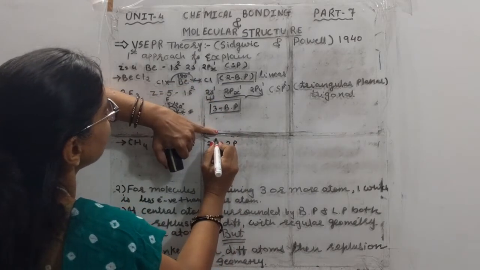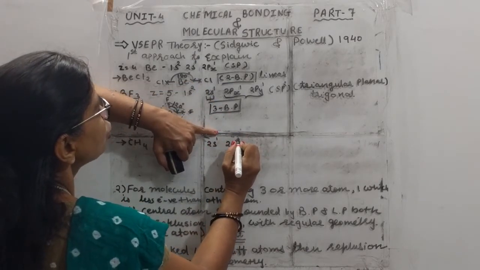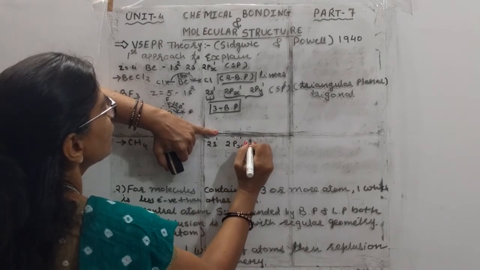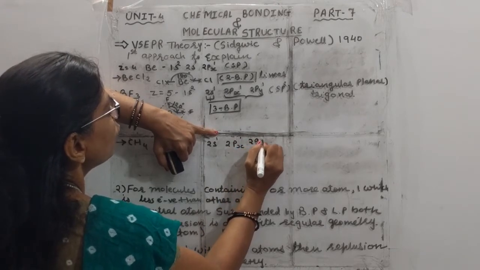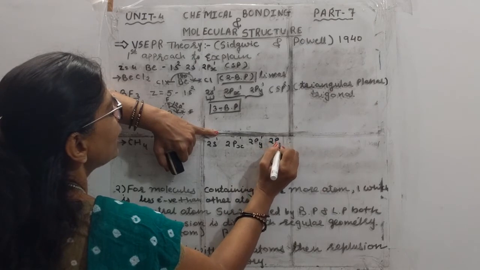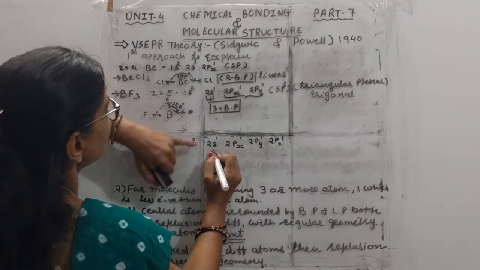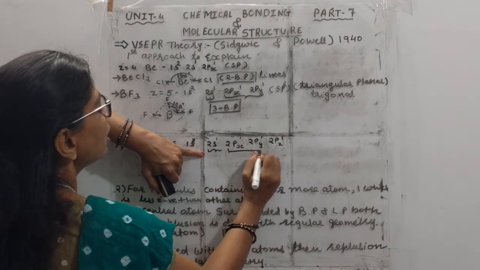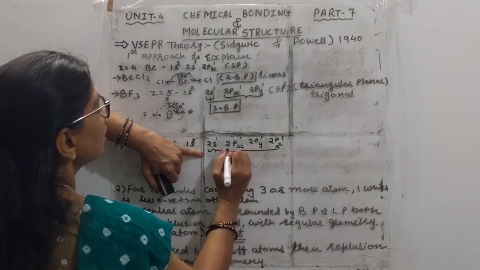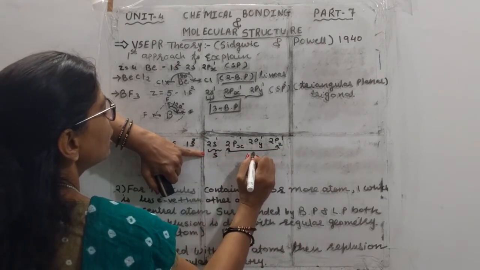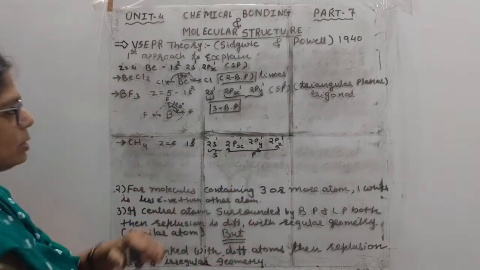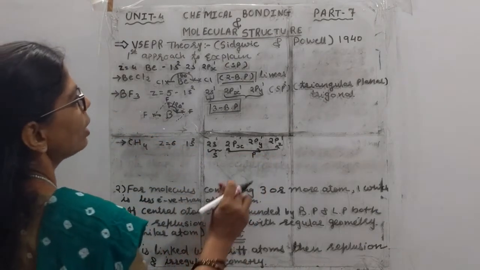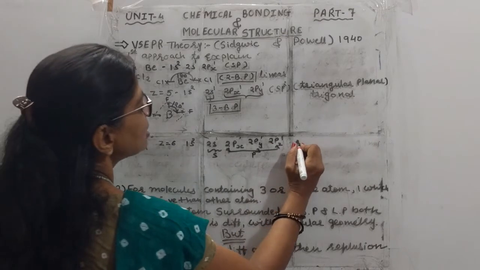So here we can write 2s1 and 2px1, 2py1 and 2pz1. So what is the hybridization? sp3 hybridization.